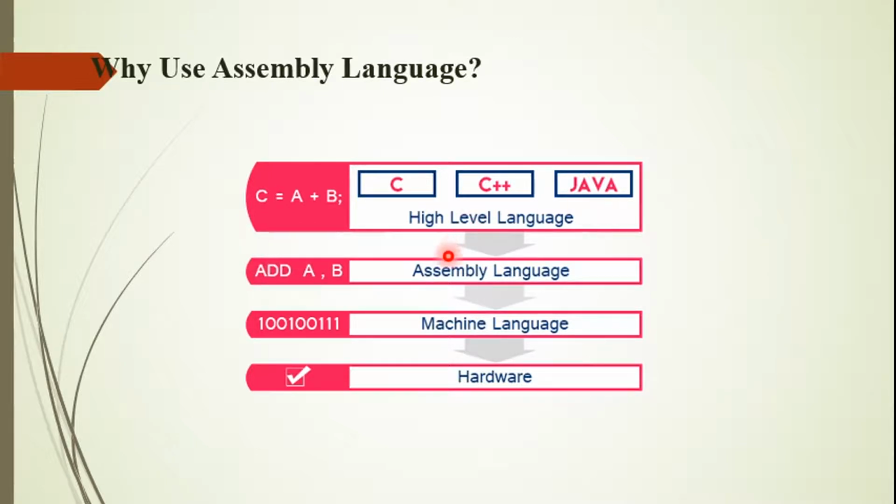These two programming languages, high level language or assembly language, will not be understood by the machine or computer. So it has to be converted to machine language, which will be understood by the machine. This machine language is in zeros and ones format, binary form. Once this machine language is generated, we can have the required output or the required application run.